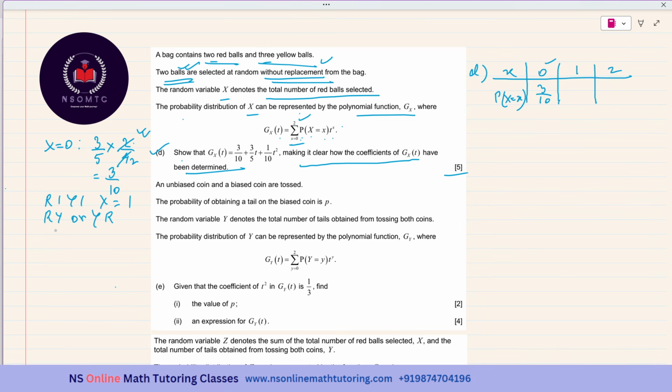So it is 2 over 5 times 3 over 4, plus 3 over 5 times 2 over 4. So it is the same, 3 over 10 plus 3 over 10. So 6 over 10, or 3 over 5.